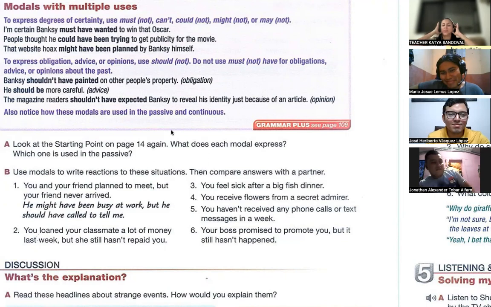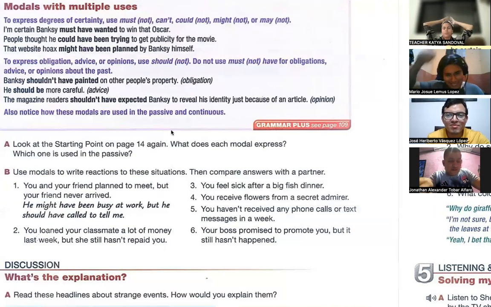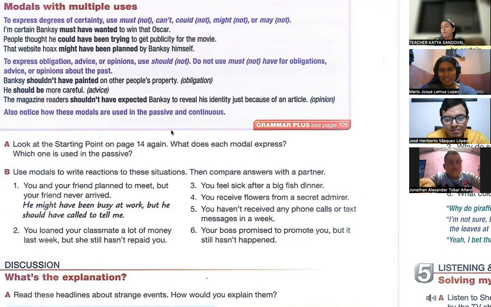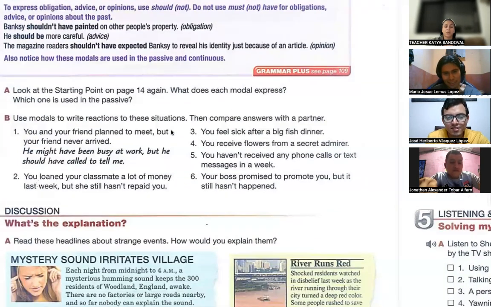Another comment? In my case, I should be patient and wait for the promotion. Okay, yeah, that can be possible too, right? Or you can say, well, you shouldn't have expected it. He was a liar, right?